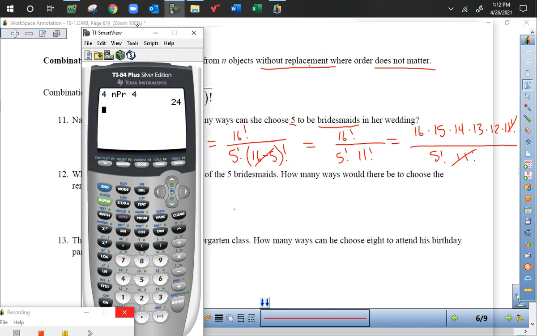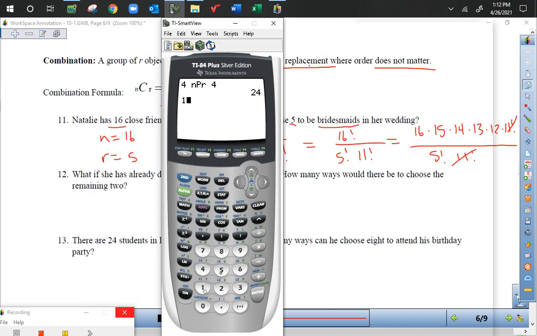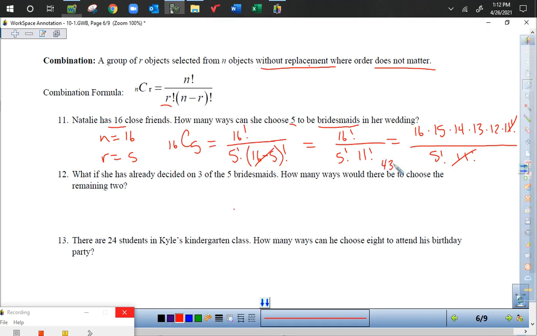You start with 16 times 15 times 14 times 13 times 12, and then divide by 5 factorial. That gives you 4,368 ways to choose bridesmaids.